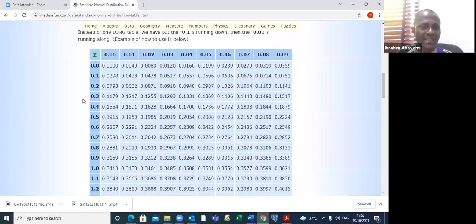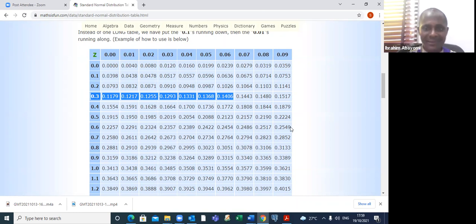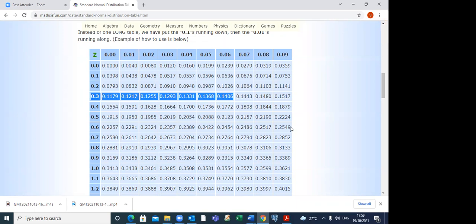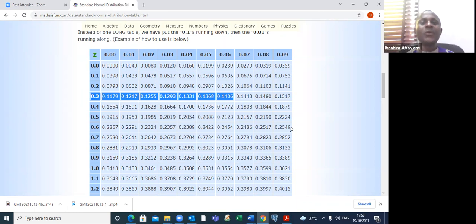So let me extend it to where I have 0.06. Can you see that? What value can you see there? Call the value out for me. 0.1406. Exactly. So that is the value you will pick from the normal distribution table.